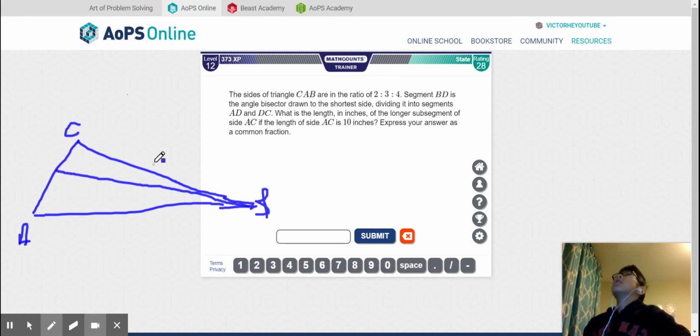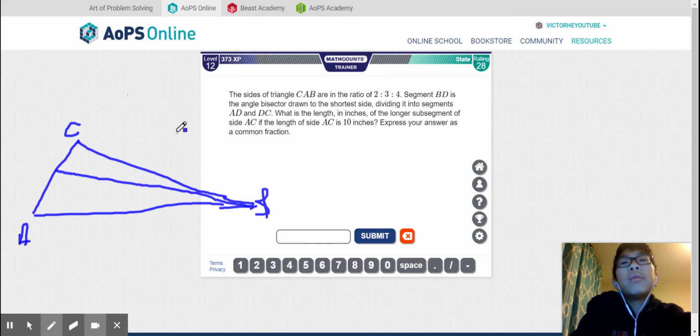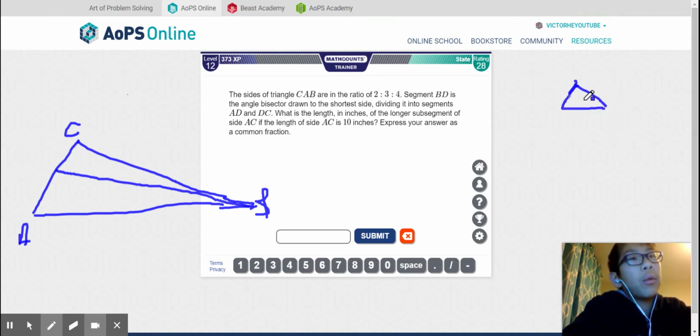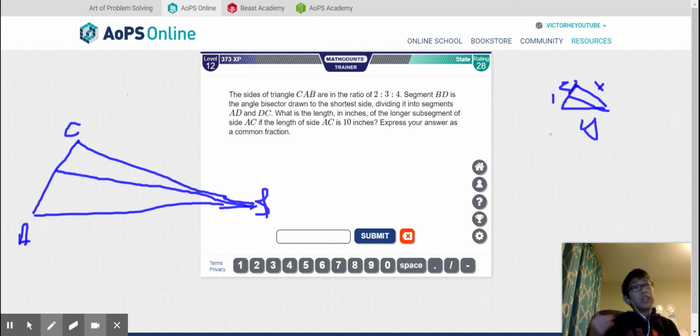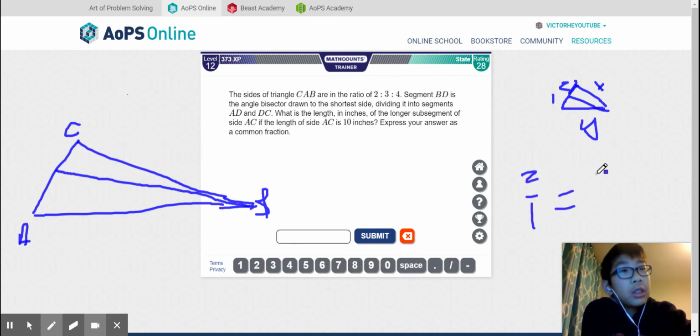Oh yeah, there's the angle bisector theorem. Basically, if we had a triangle like this and we bisected it and we had sides 1, 2 and segments x, y, then the angle bisector theorem says that 2 over 1 equals x over y.